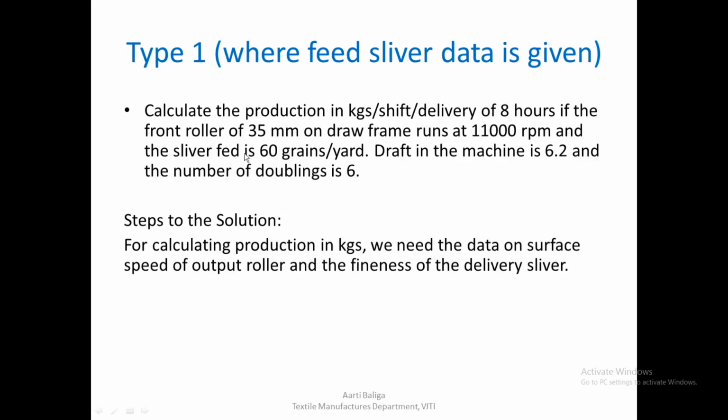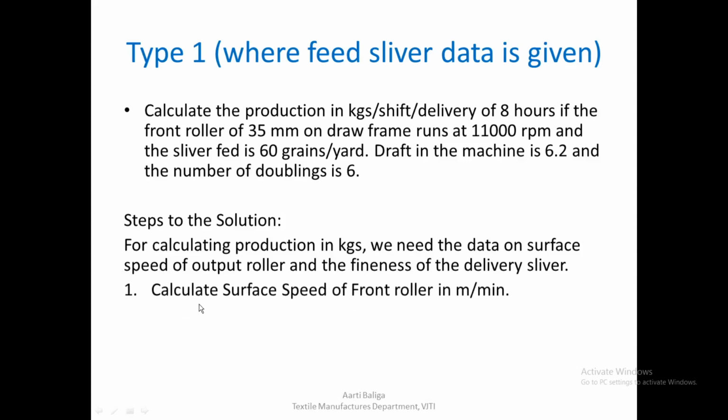We have also been given the feed sliver weight in grains per yard, but what we need is the output sliver weight in grains per yard. So we'll have to do some preparation or some calculations before we find out the production using our formula. We have also been given some data for draft and doubling, which will help us in finding the missing data.